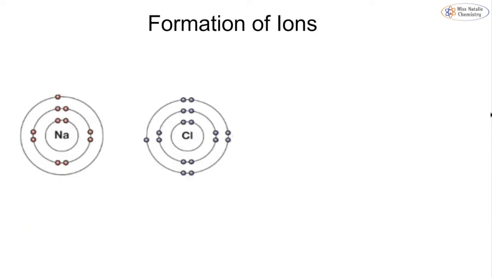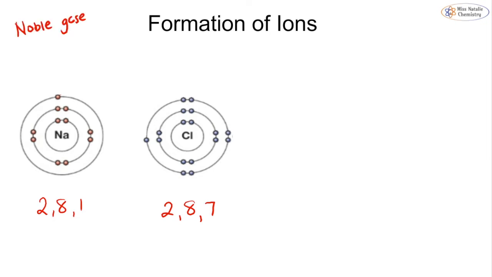Let's look at how these ions are actually formed. So if we want to make a compound of sodium chloride, we've got the Na, which is sodium, with an electronic configuration of 2,8,1, and we have chlorine or chloride in the compound, which is 2,8,7. Now, each of these want to get to a noble gas formation.